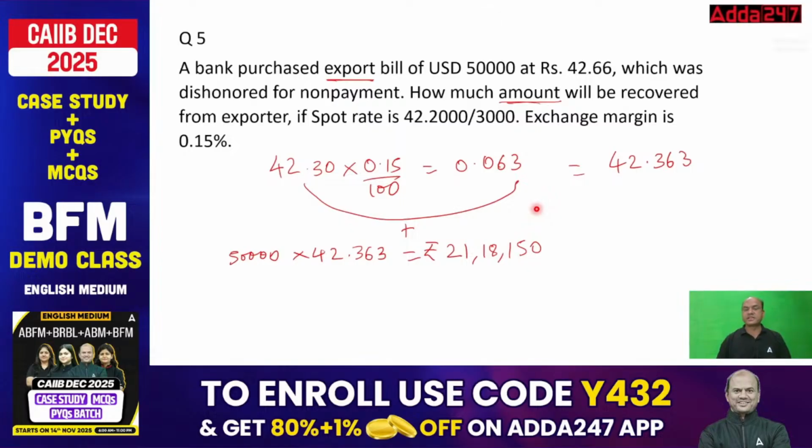Very good. So this 0.064 you'll be subtracting. So 42.66 minus 0.064. What is the answer you're getting in that case?